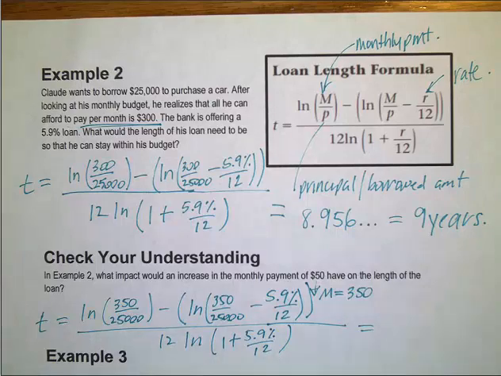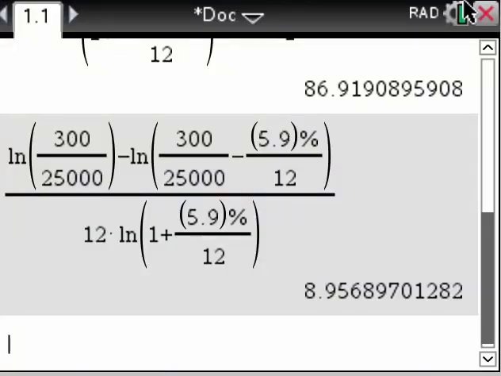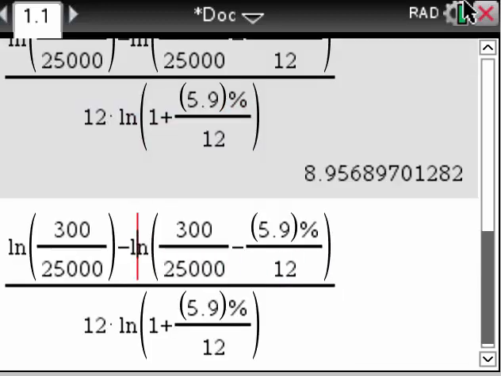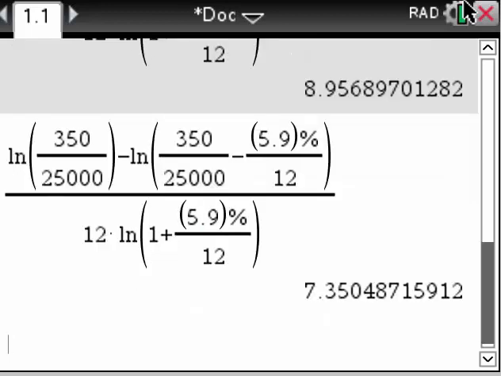And how does that change our payment? Well, the good news is with the calculator, we don't have to retype things. We can just go up, make it blue, hit enter, change all those 300s to 350s, and there's only 2 of them, correct? And then hit enter.